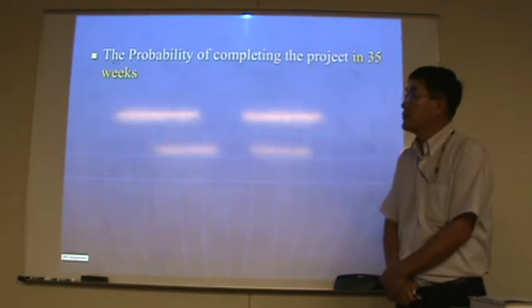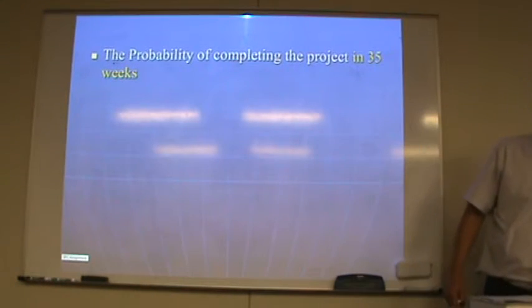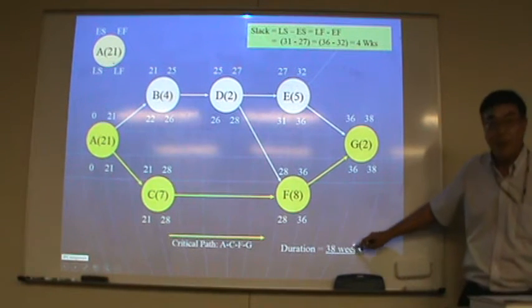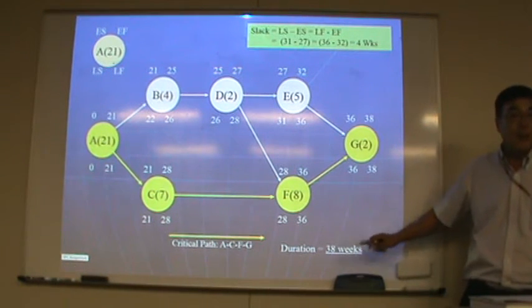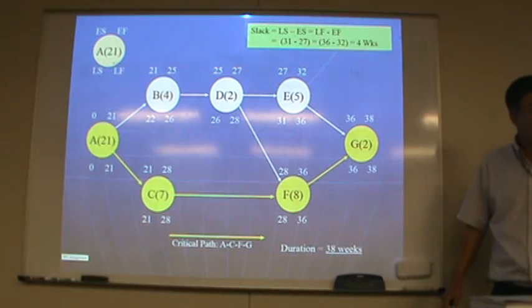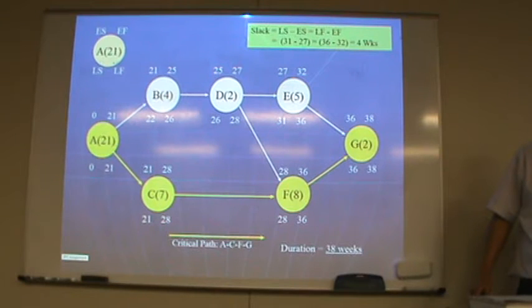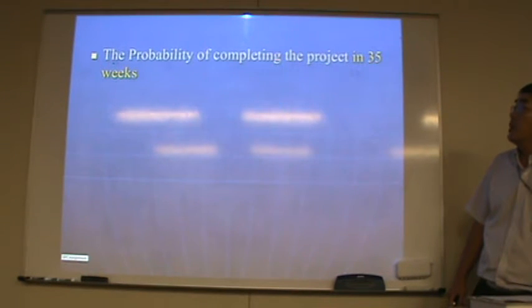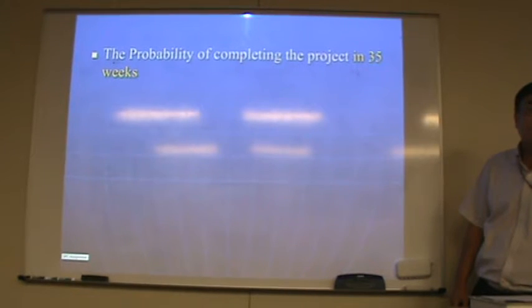Question. The expected project finish time is 38, but this is not certain, so we can ask something like this: the probability of completing the project in 35 weeks.